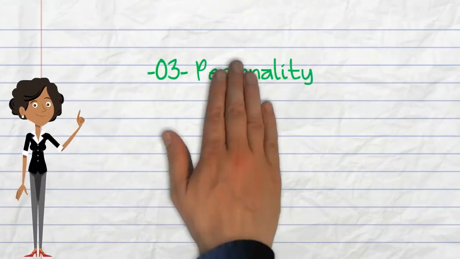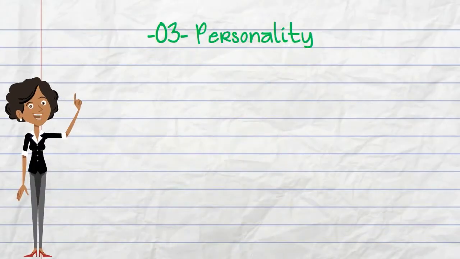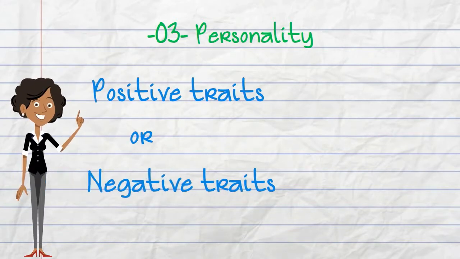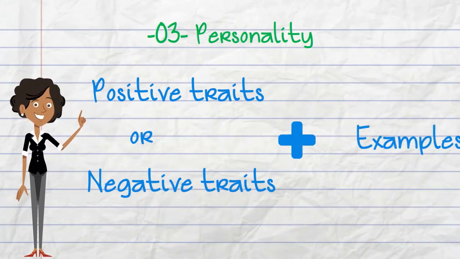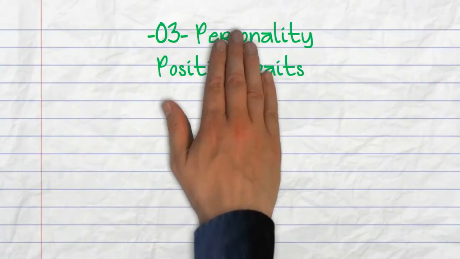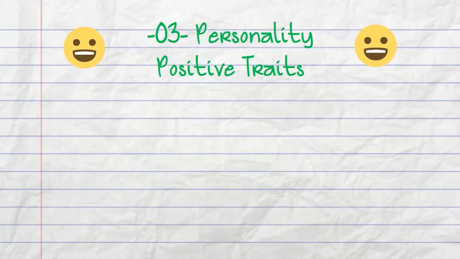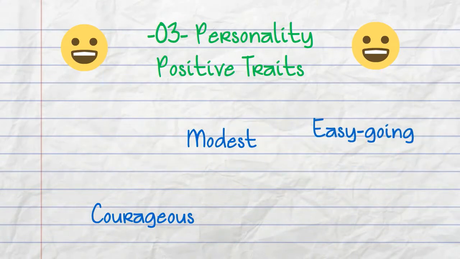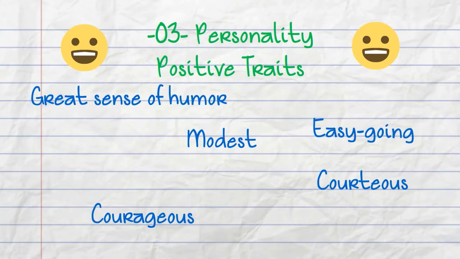The third part of your description is personality. You can talk about the person's positive traits or the person's negative traits, and remember to add examples why you think so. Some positive traits of the person might include courageous, modest, easygoing, courteous, great sense of humor, adventurous, or sympathetic.